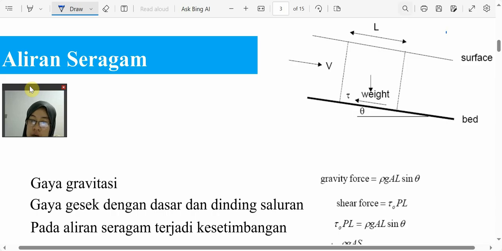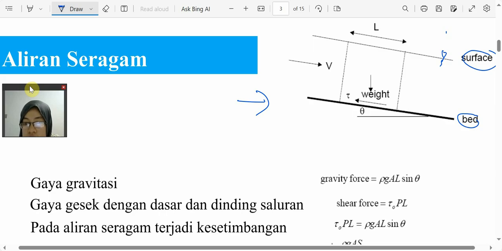So in this schematic on the right side, okay, this one, yeah, this is a flow in the open channels. This is the bed, okay, and this is the surface of the water, okay, and the open channel has a particular slope, yeah, with this angle theta.